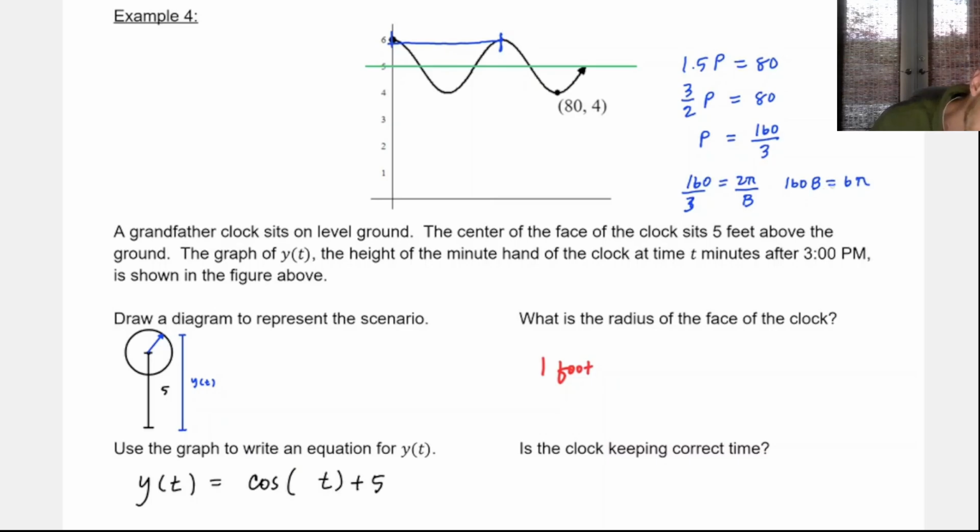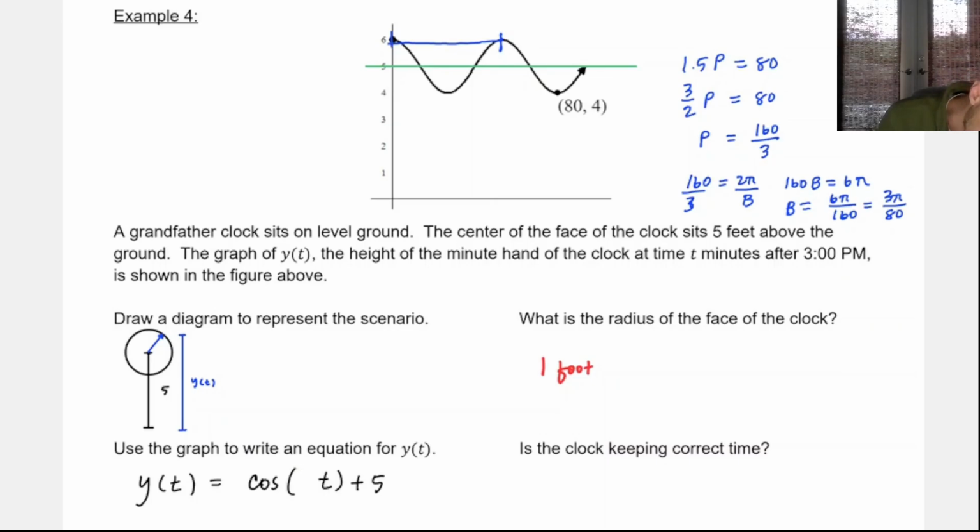All right, I might divide the 160 by 6, but that's like dividing... Wait, did I do that right? Yeah. Oh no, so it's just the same numbers coming back. Okay, so b, I'm going to just write it first, is 6 pi divided by 160. I'm going to divide both of those in half, and I'll get 3 pi over 80.